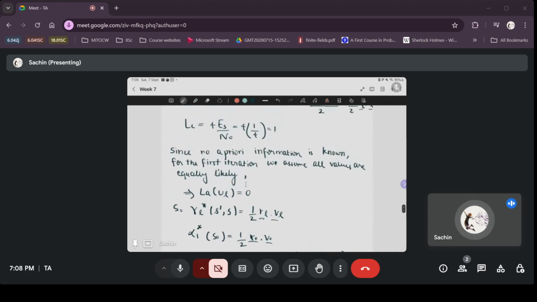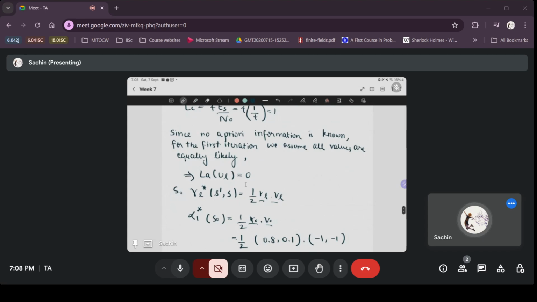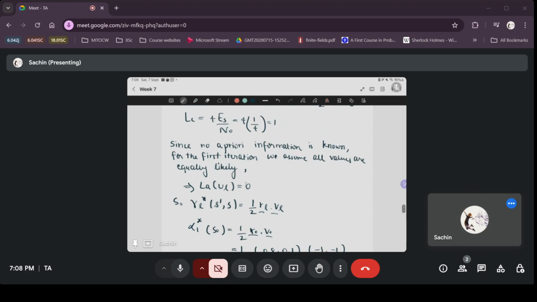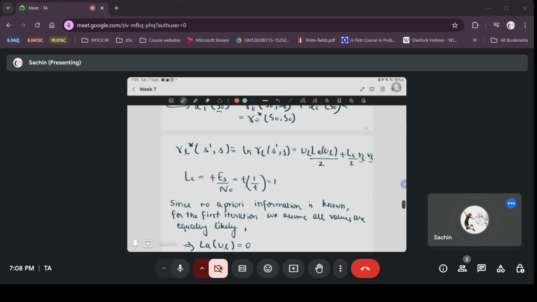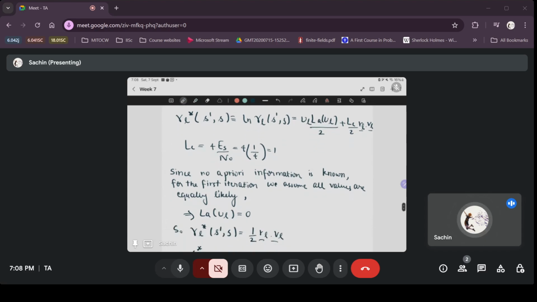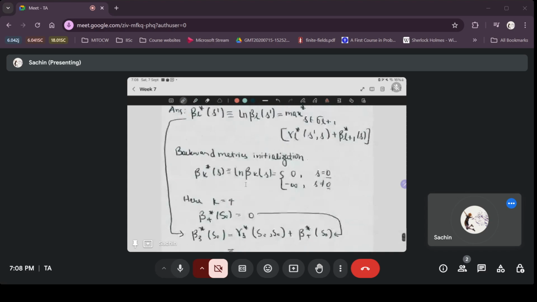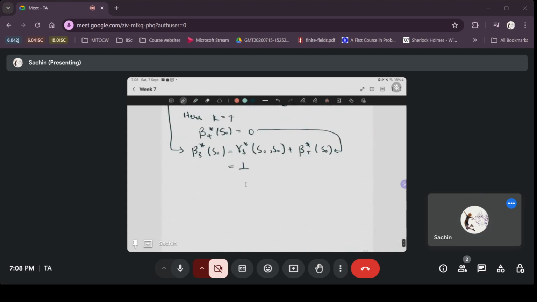From the previous question, we saw gamma L star of S prime comma S is half of RL dot VL. The first iteration LA of UL is 0, and for this question, LC is 1. So this is nothing but half of R3 dot V3.